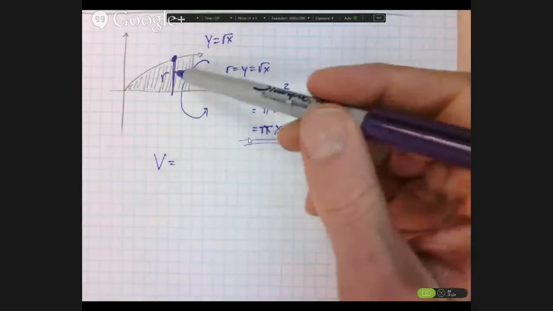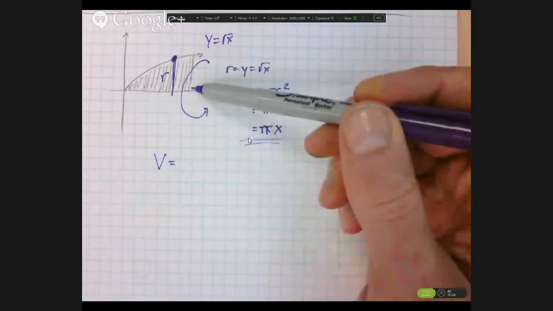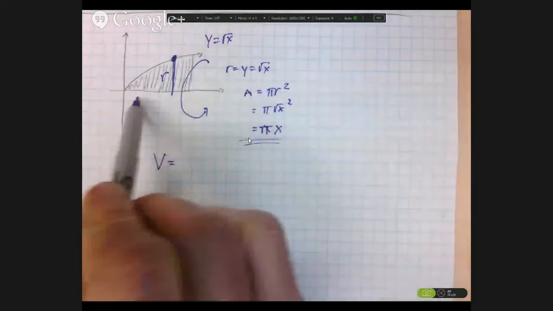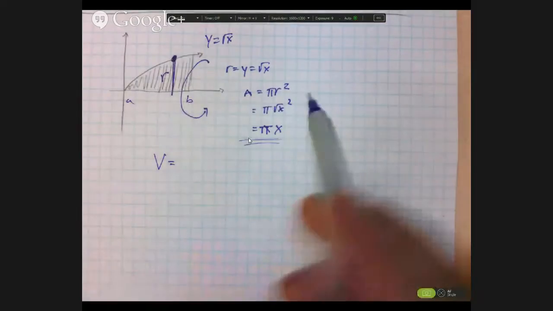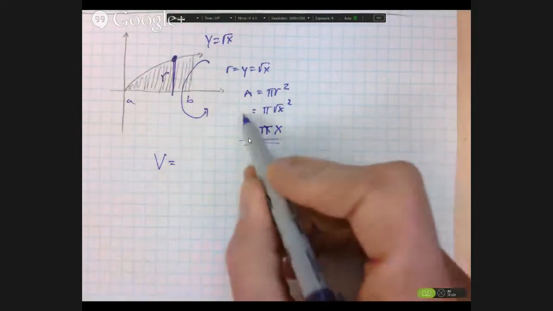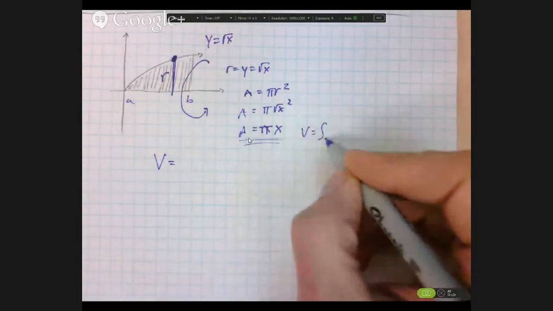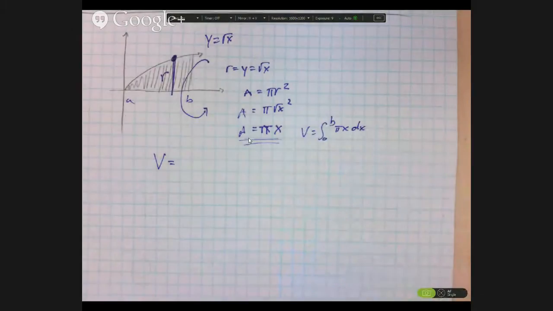Now if I wanted to find the whole volume of this shape, I would have to take the integral from a to b, whatever that is. The radius would be the y value, because it would integrate all those circles and create a volume.